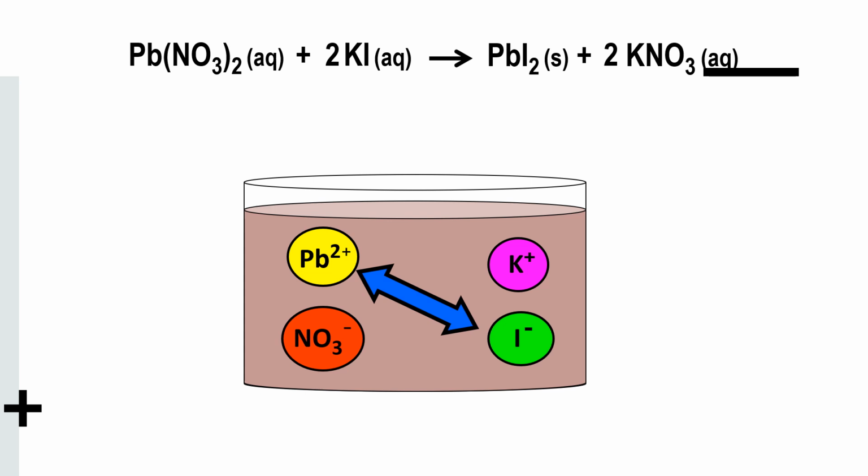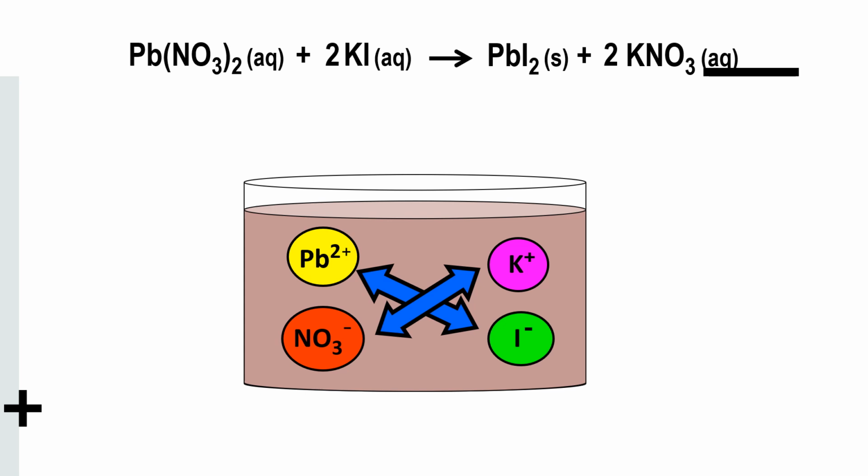Because they're positively and negatively charged and attracted to each other, but they are not an actual bonded compound. They are attracted together like ionic compounds. Only the lead iodide, which forms a solid, forms actual bonds. And in this case, we can see the exchange has happened.